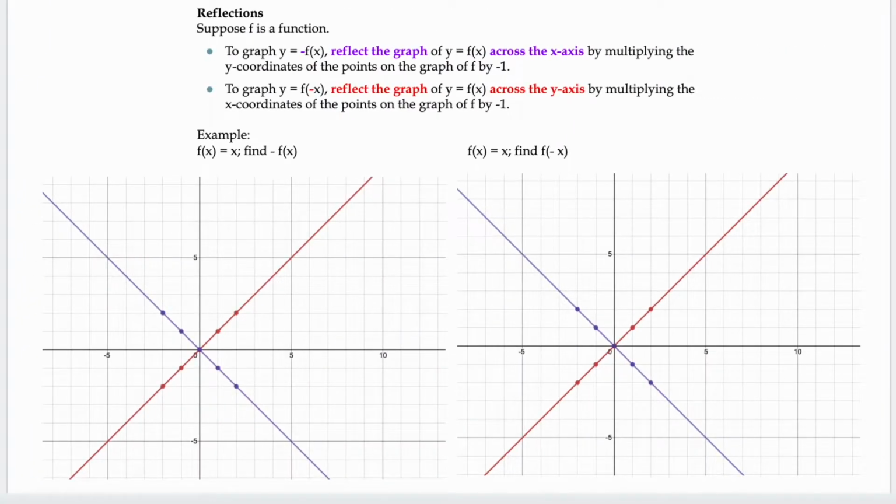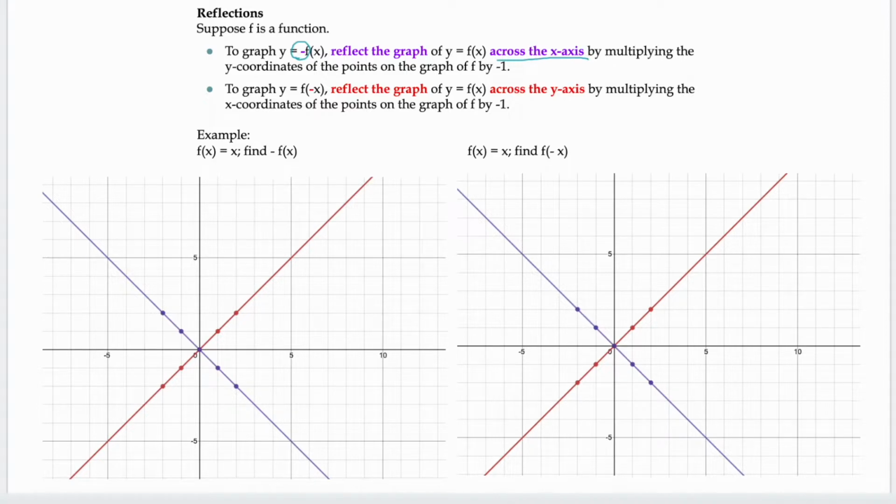Sometimes we would like to reflect our graphs across the x-axis, or we might want to reflect them across the y-axis. If there is a negative sign in front of the function, that means we're going to reflect across the x-axis.